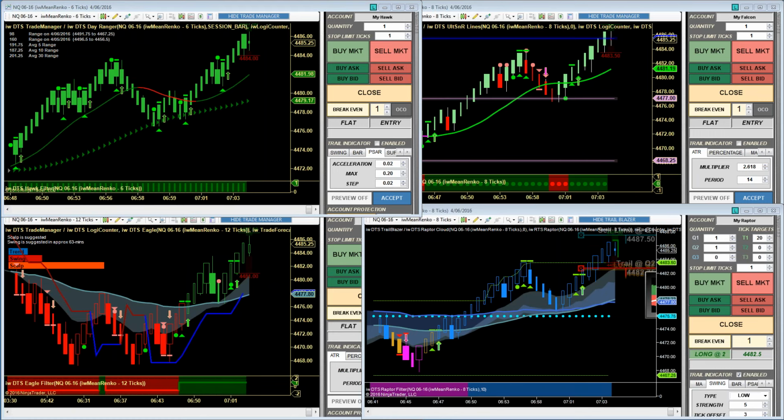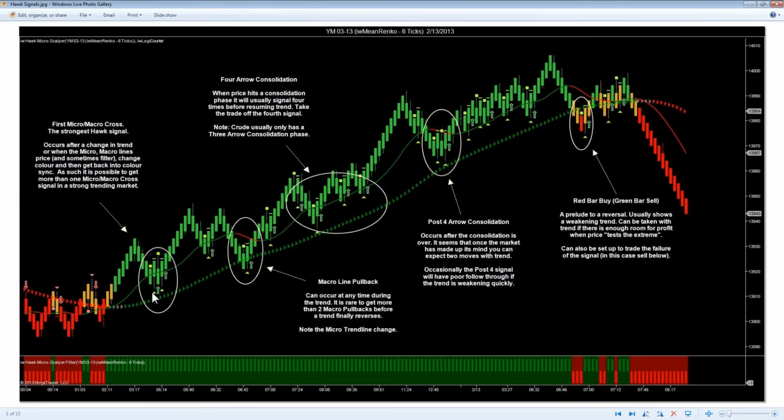Some people get confused. They say, well, how do you make sense of all the different signals that you're seeing? Well, for one thing, we have a trading room every day. As a DTS owner, you're entitled to attend. But we also have these cheat sheets that show you the high probability signals. So here are the high probability signals on the Hawk.